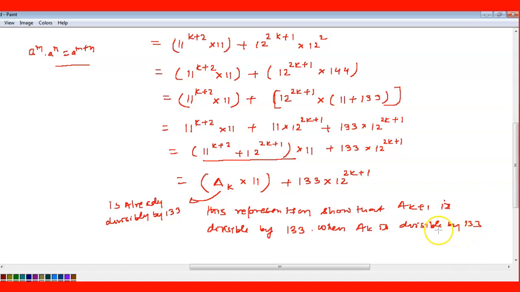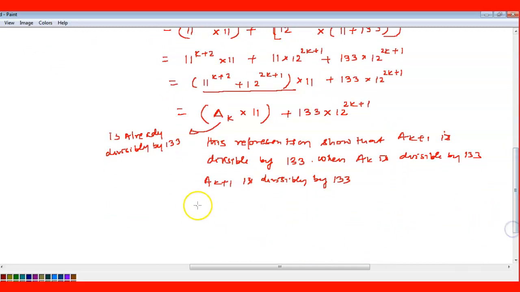So hence we can tell that a_(k+1) is divisible by 133. So finally a_n is divisible by 133. Any doubt till here?